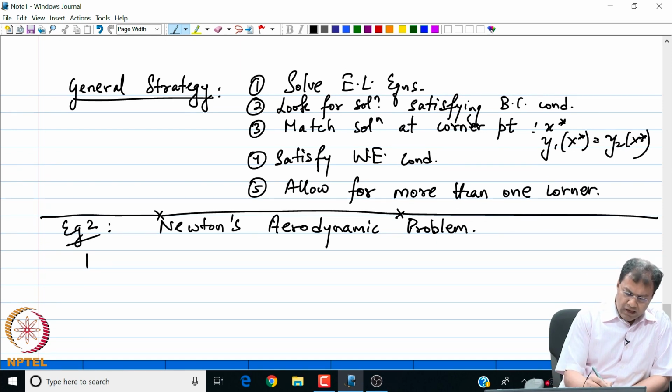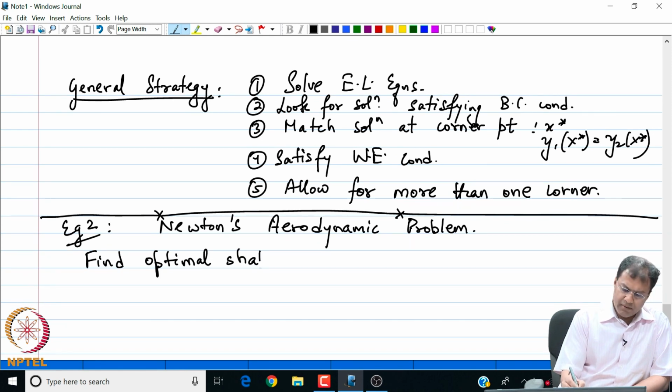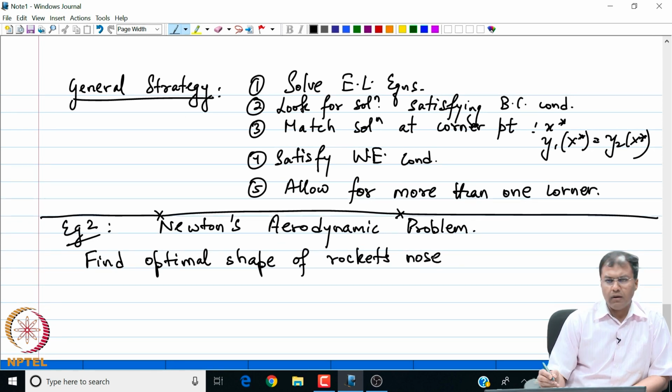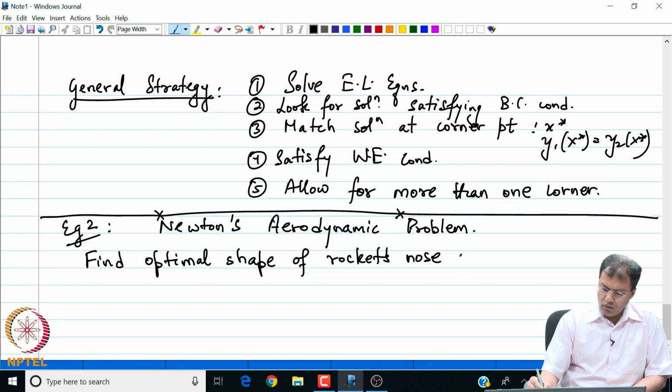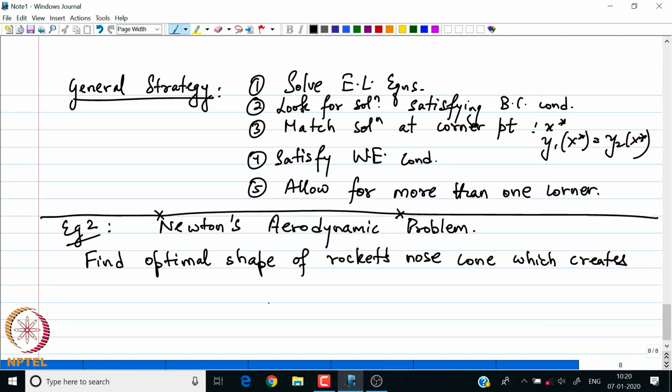So Newton's aerodynamic problem says to find the optimal shape, let us say, of a rocket's nose cone, which creates the least air resistance passing through the air.